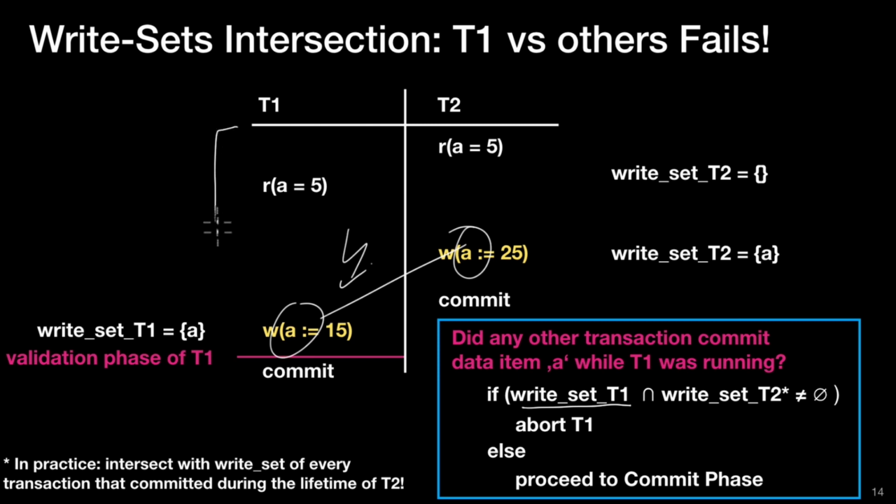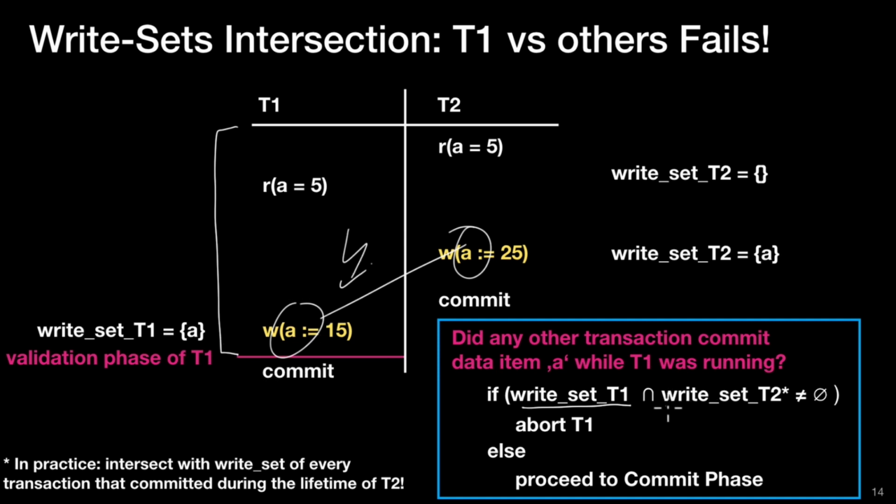So in this time interval, while T1 was running, certain transactions committed. In this textbook example, this is only T2.